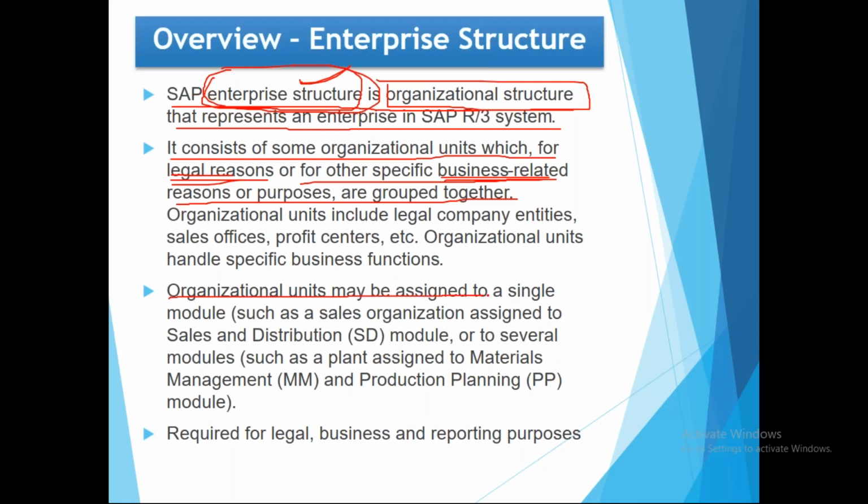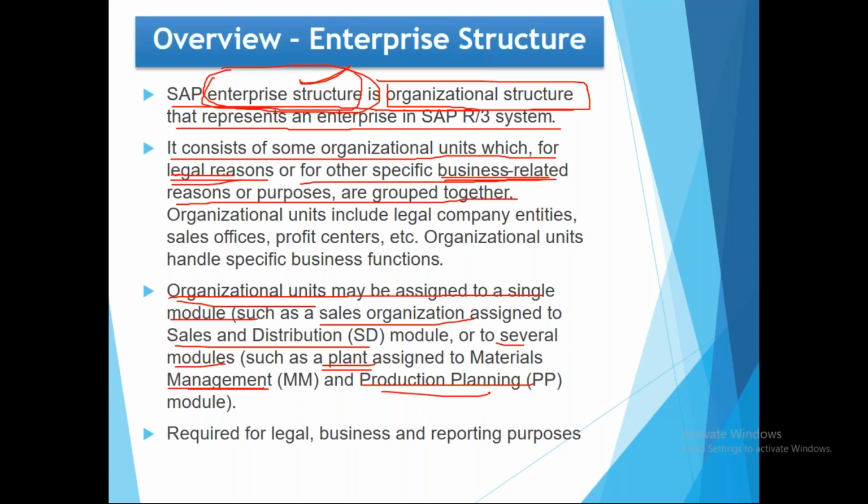Organizational units may be assigned to a single module. Some organizational units are used by only a particular module, like the sales organization, which is normally used only by the SD module. Other organizational units are used by several modules, like plant. Plant is used by the MM module and also by the PP module.